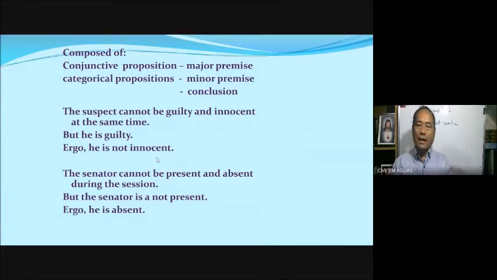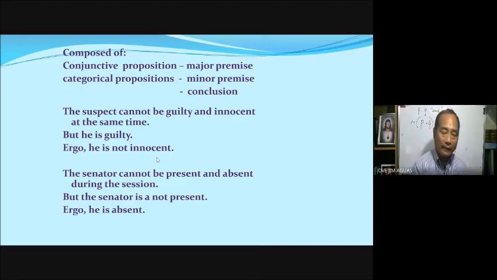So the conjunctive is the same as the disjunctive, in the sense that both give alternatives. Two alternatives that cannot be both true or both false.